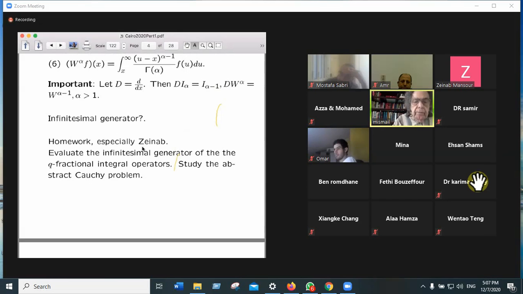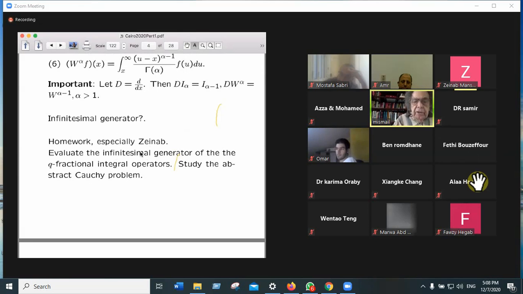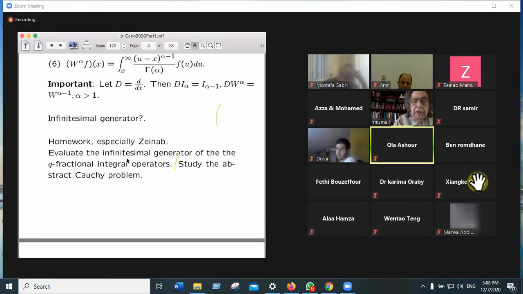And what is more important is that there are Q analogs of all these, and for some reason, nobody looked at the infinitesimal generators or the abstract Cauchy problem that comes from the Q fractional integrals. I have no idea why.